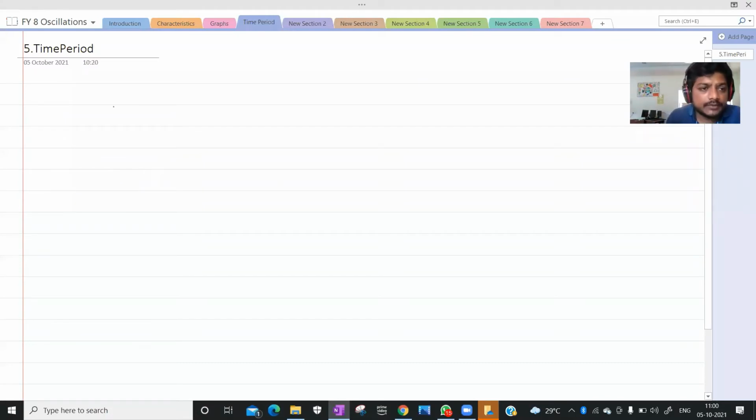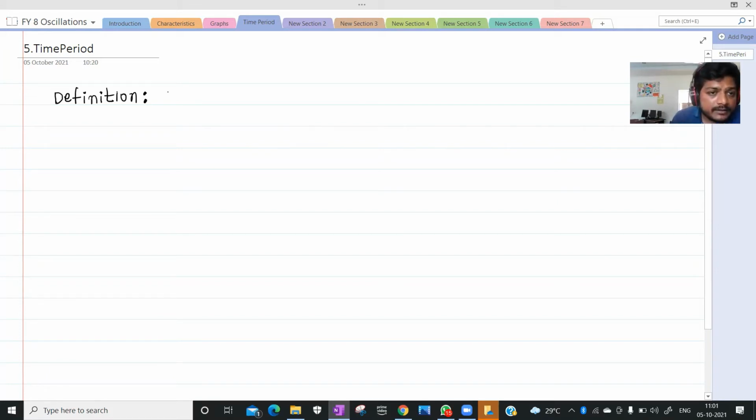Definition of time period. What is time period? I already told you. The time taken by the particle to complete one oscillation is called time period.